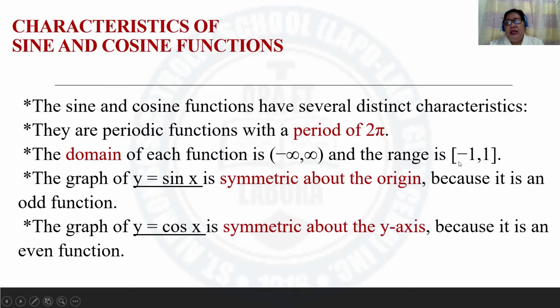And the range is negative 1 to positive 1. The graph of y is equal to sine x is symmetric about the origin because it is an odd function. The graph of y is equal to cosine x is symmetric about the y-axis because it is an even function.